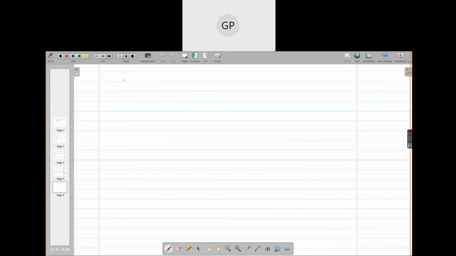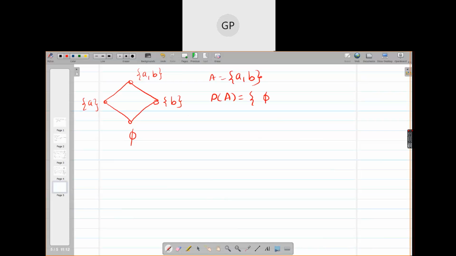अभी मैं दूसरा हेज डायग्राम ड्रॉ कर रही हूँ. देखो, पावर सेट वाला. मैं सिंपल वाला लेती हूँ. This is A, this is B. So here I am defining a set A as {A, B}, and power set of A is phi, {A}, {B} and {A, B}.